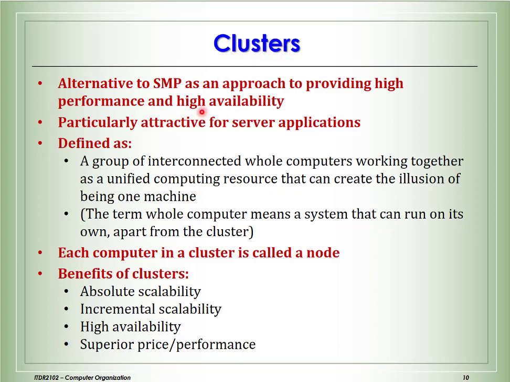This approach is basically an alternative to symmetrical multiprocessing, because of high performance and high availability. As you know, a cluster is the combination of many standalone computers or nodes, but they create the illusion of one machine.